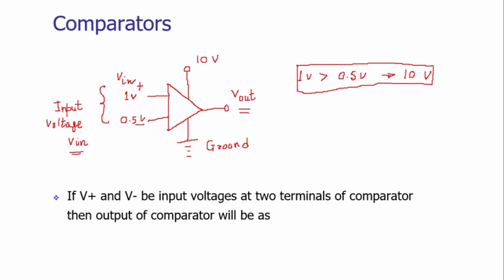So if I fix one of the input values as the reference voltage, I am not changing this, I will keep it constant, then whatever input voltage we are getting from the sensors or the signal modulating devices, the op-amp will just compare the input voltage with the reference voltage and accordingly it will produce the amplified output.